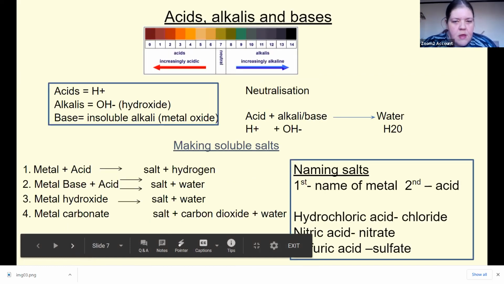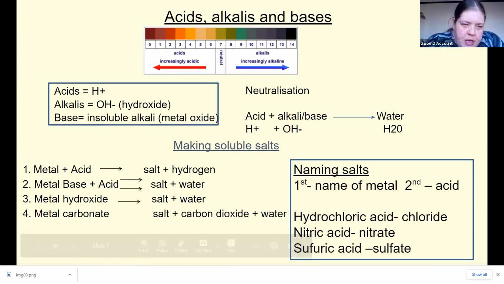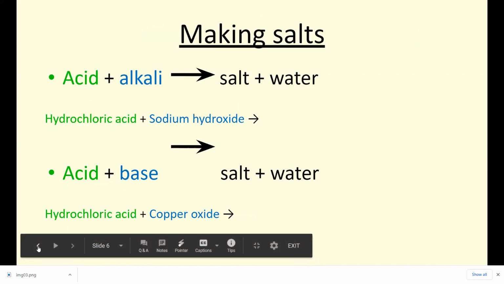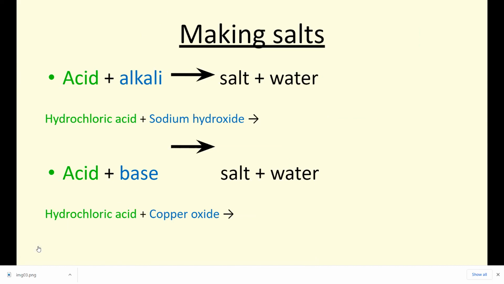Sorry, Miss, there was one question. What makes a salt and not a metal? And maybe you want to talk about the difference between salt in chemistry and salt in cooking. Well, salt in cooking is sodium chloride, which is an example of a chemical salt. In fact, we've got it on the board now. Hydrochloric acid plus sodium hydroxide makes sodium chloride plus water.